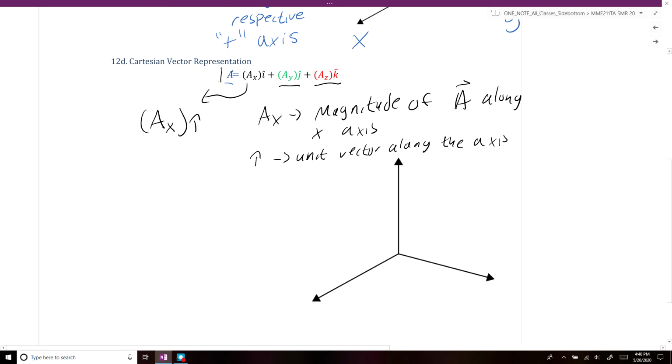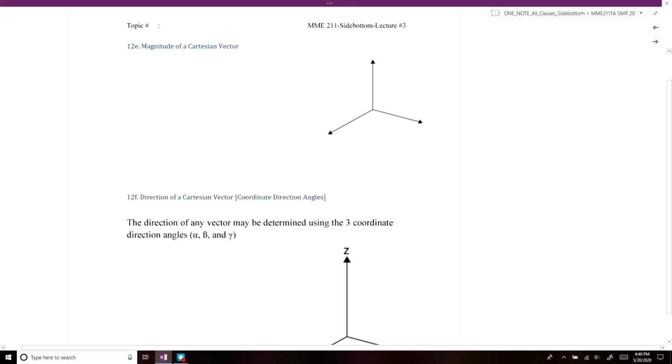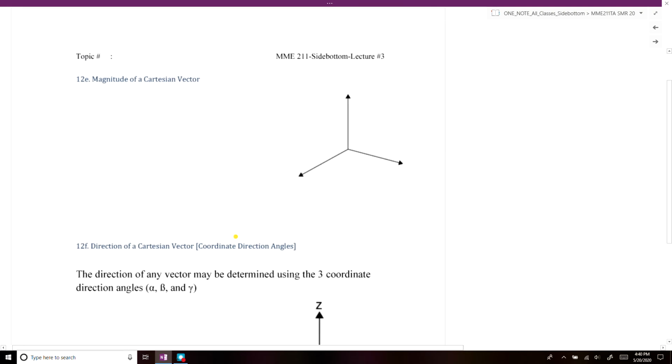If we have our vector defined in this manner, it's really easy to find the total magnitude of the vector.